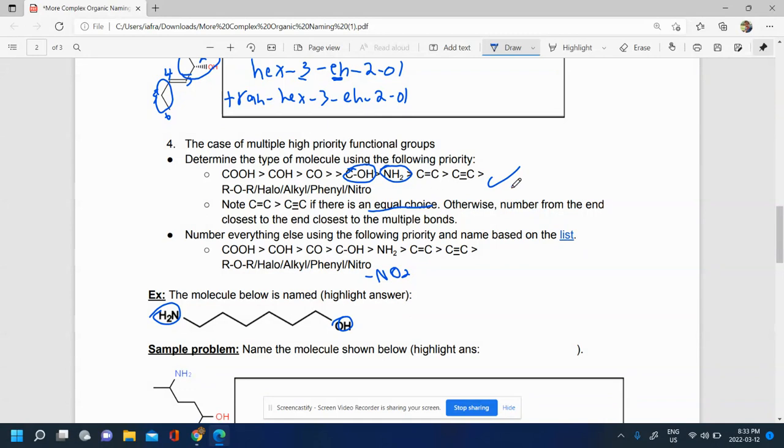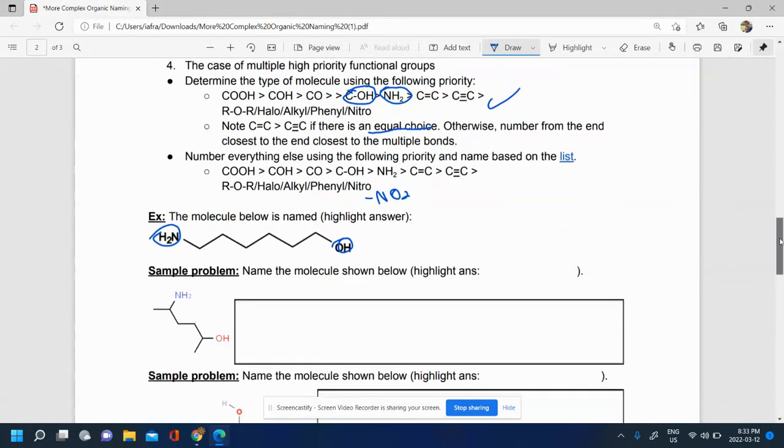So let's go ahead and try naming this molecule here. We just figured out that it is an alcohol because this is a higher priority group. And so what we're going to do is number starting from the OH group. So 1, 2, 3, 4, 5, 6. That means our substituent is a 6-amino substituent. How did I know it was called amino?